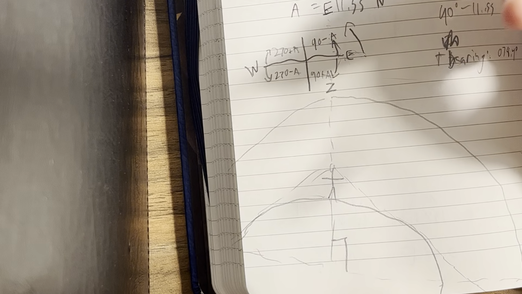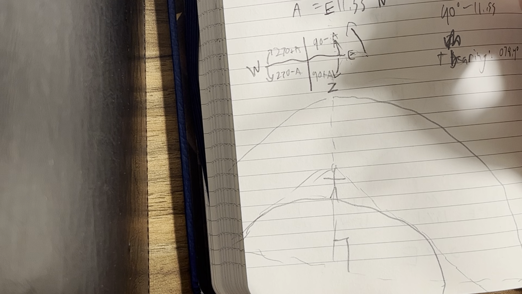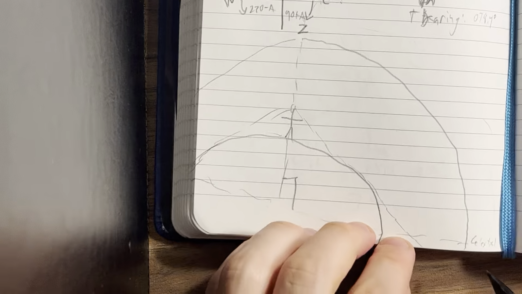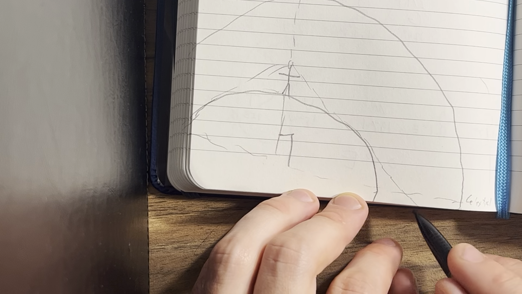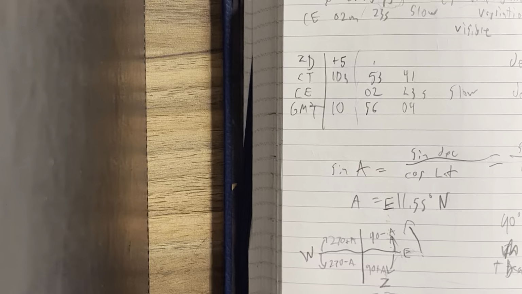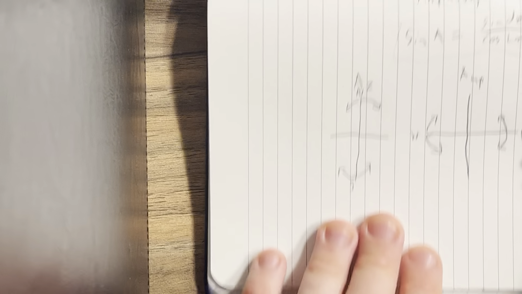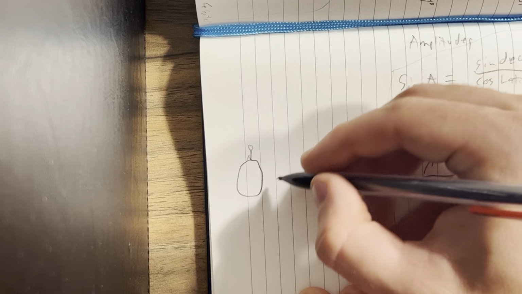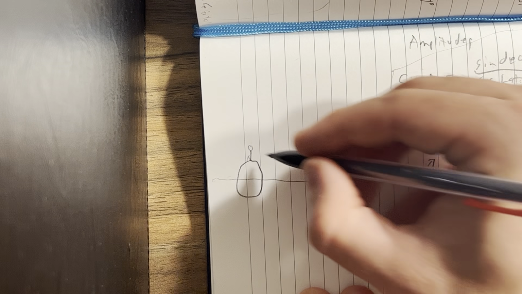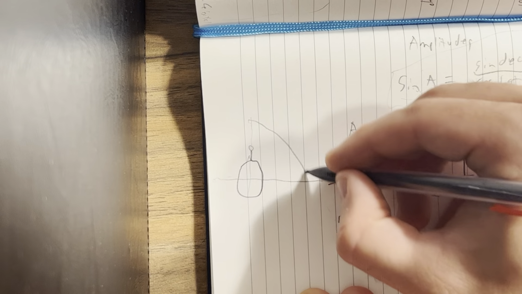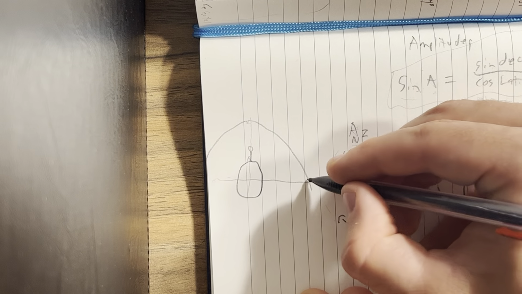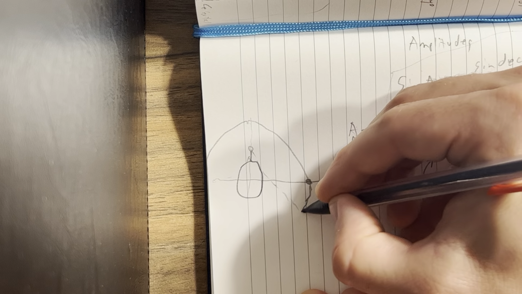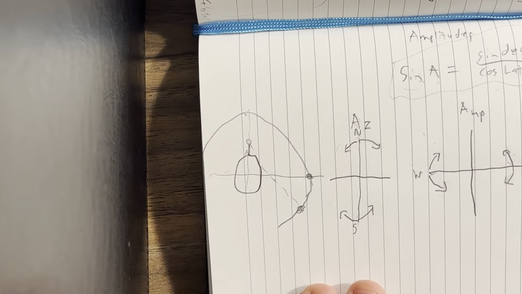You can see up to like probably 100 degrees, 110 degrees, just about. It's not easy to show because I made this diagram too big, but if we come over to this page and we draw it like this, that would be the celestial horizon right there, but you can see down to here.